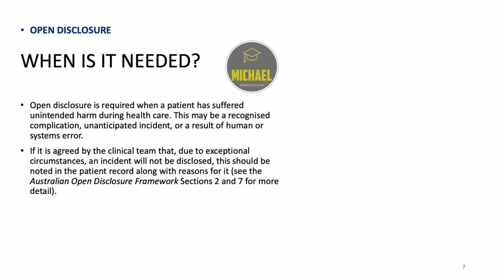If it is agreed by the clinical team that due to exceptional circumstances, an incident will not be disclosed, this should be noted in the patient record along with reasons for it. And so there's a reference made to the Australian Open Disclosure Framework in sections 2 and 7. But this presentation really doesn't lead to perusing that entire document. But in case you want to look it up, that's where you can find it.